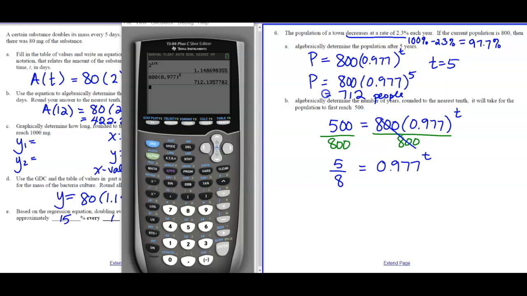But there's the odd person that doesn't. In this case, I would actually just take the log of both sides, like you did when you were solving last week. So then I would take the log, the common log. Okay, so then the power law brings the t in front.